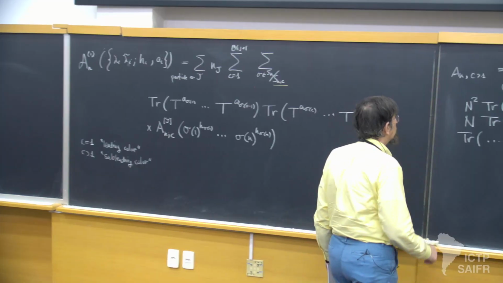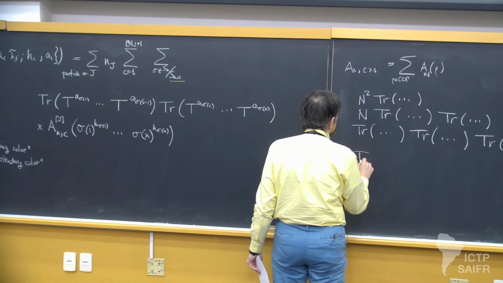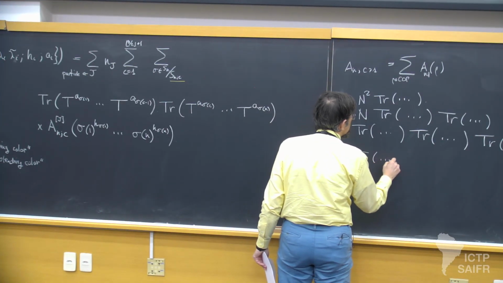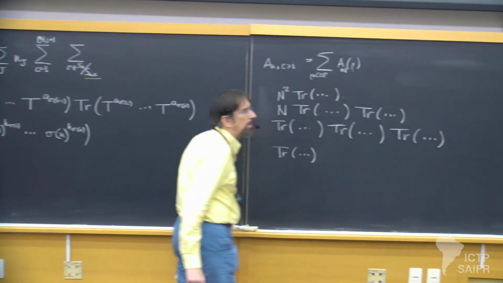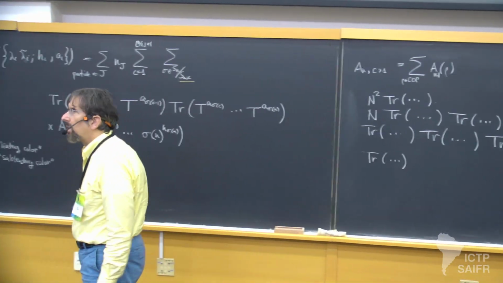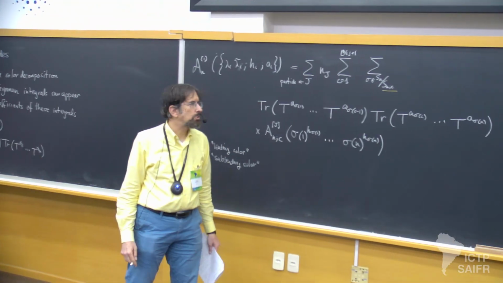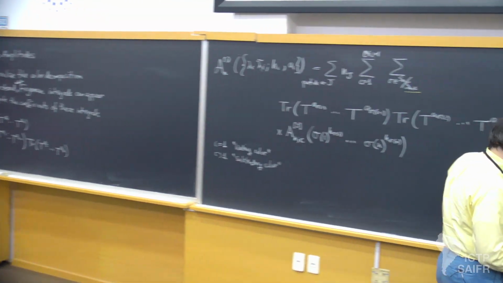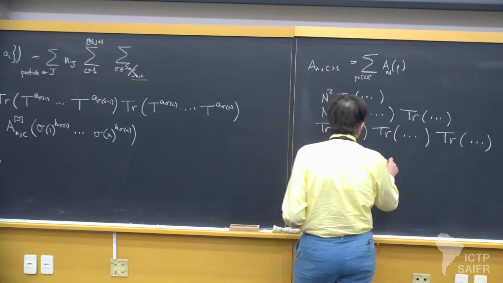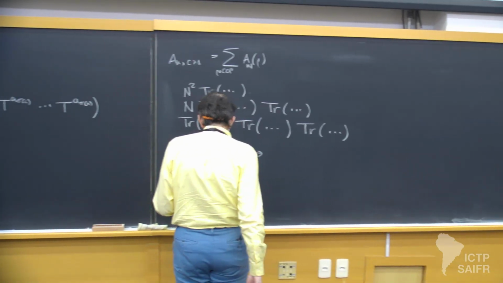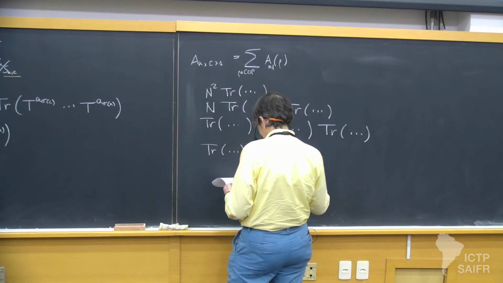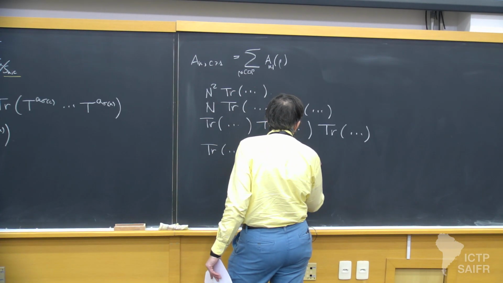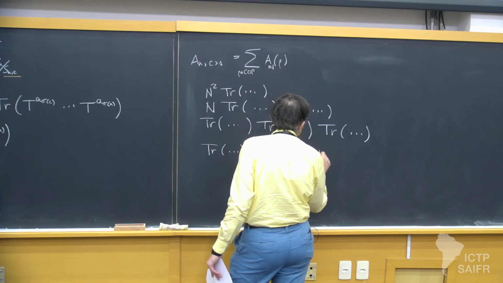There's one more novelty at two loops, which is that there are still going to be subleading color structures with just a single trace. And these are related to the existence of oriented surfaces with boundary.